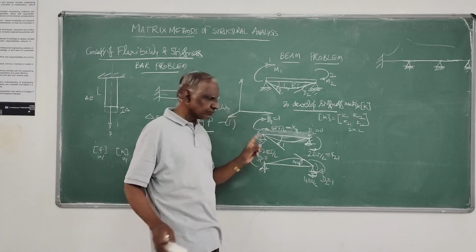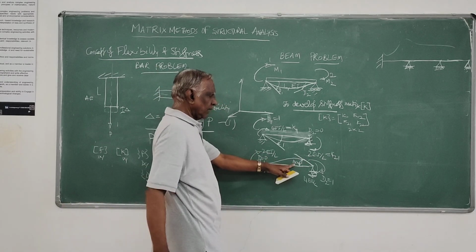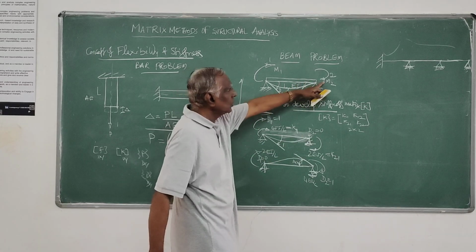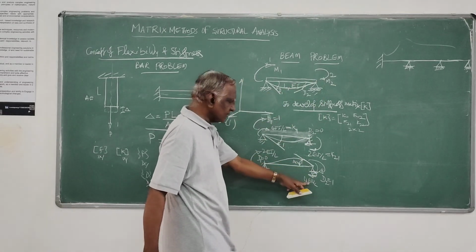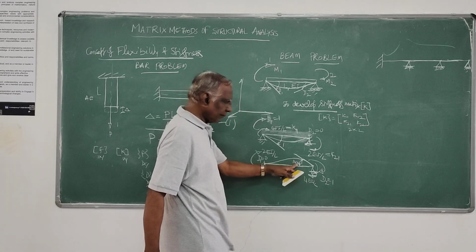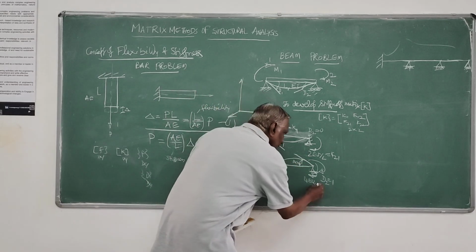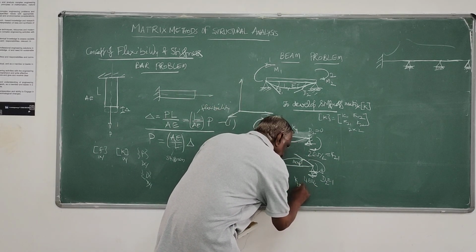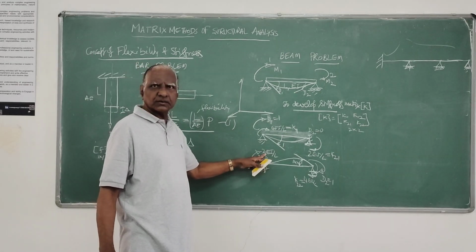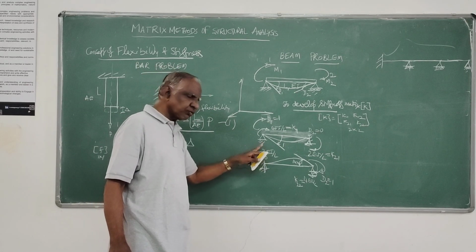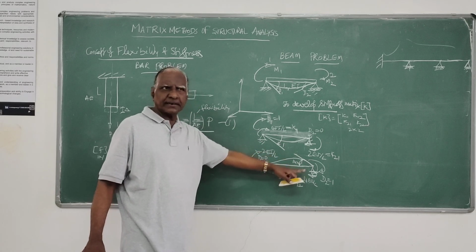You have to remember. Similarly, here I applied unit displacement with respect to the second coordinate. So this is the force. That means this force is the force developed at 2 due to unit displacement at 2 itself. So therefore this is nothing but K22. So here this value is 1, 2. That means this is the force developed at 1 due to unit displacement at 2.